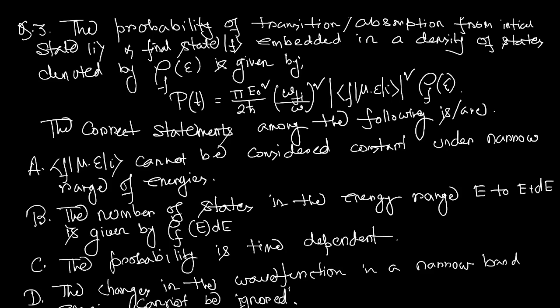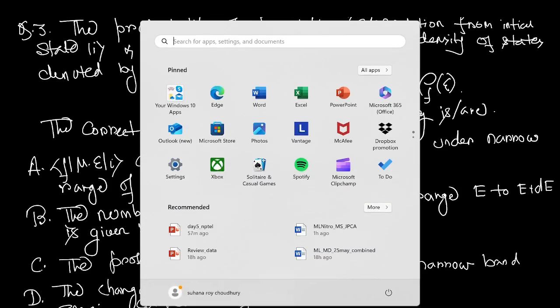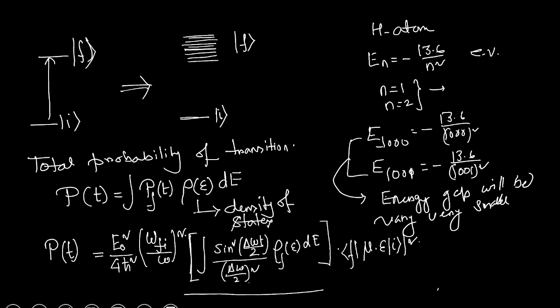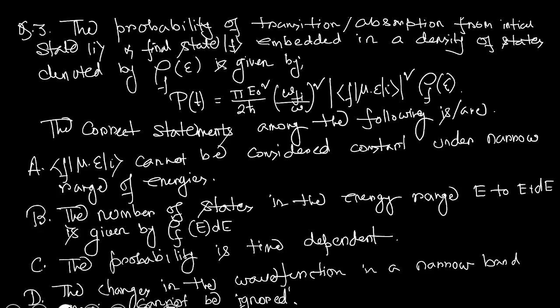It is constant in a narrow range of energies, because for high n values the change of the state is very minute. So you are not sure whether you are exciting from the ground state to the 1000 or 1001 state. So in a high density of states, this value can be considered as a constant. So this is a correct one. Sorry, not wrong.